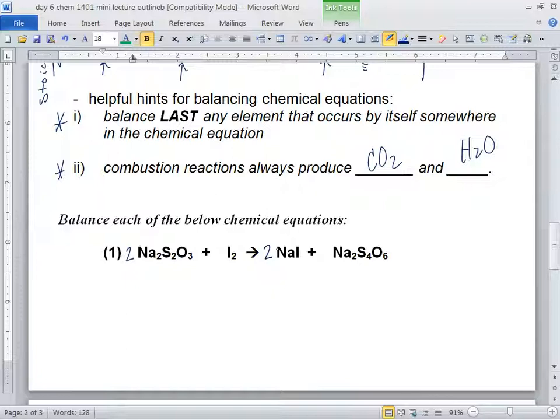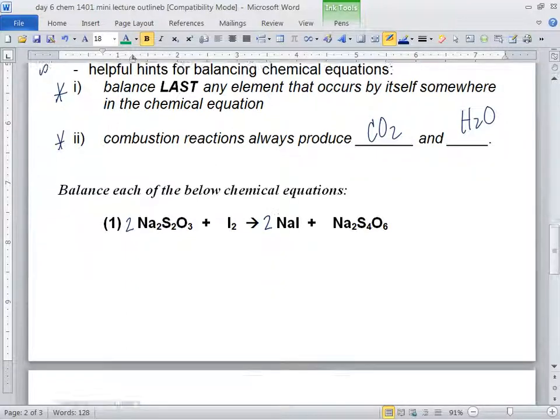All right, so that's done. Connor, what's left? I think the only element we haven't done is I. So iodine's on the reactant side. 2. Whoop. 1 times 2. Right, so 2. Product side, everybody? 2. 2 times 1. So it's done.